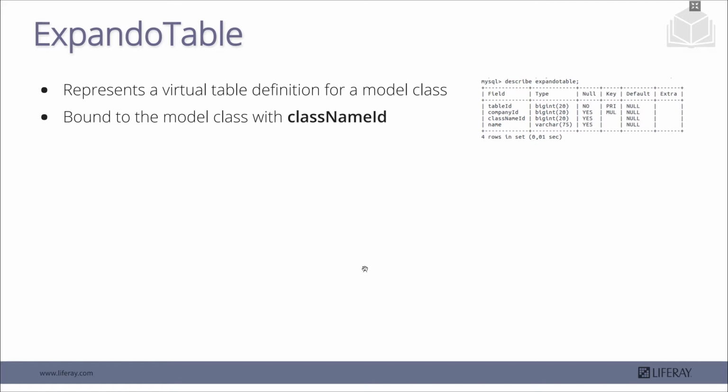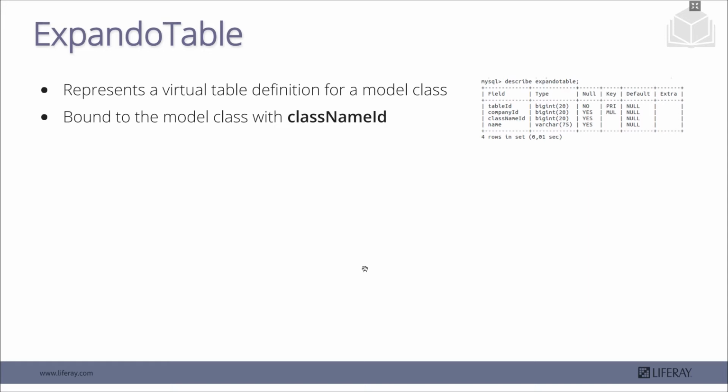So starting off with the Expando table, we say this is the virtual table definition for a specific model class. So what this basically means is if I am modifying or adding a custom field for a user, then the Expando table is going to say, let's keep track of that.